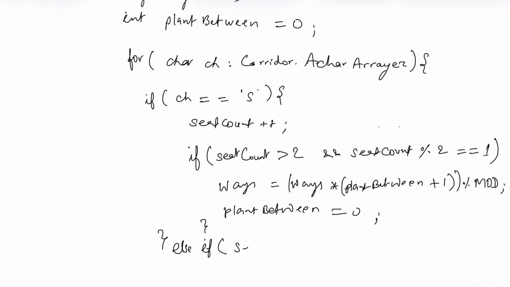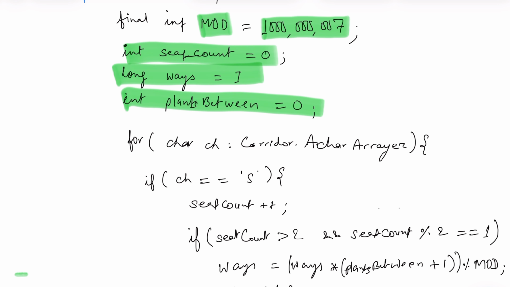The seat count is initially defined as 0, and we take the long ways and the plants between. First, you convert the corridor into a characters array, and for each character you... I think there is a typo here, so you have to remove it. Give me 1 second.